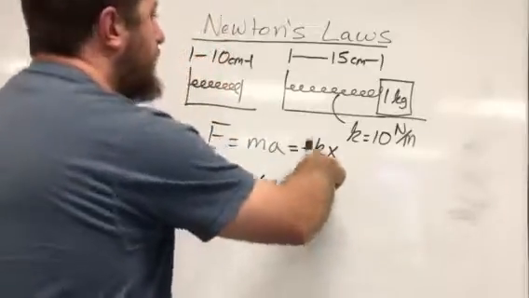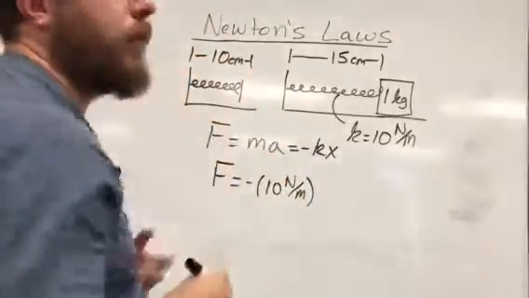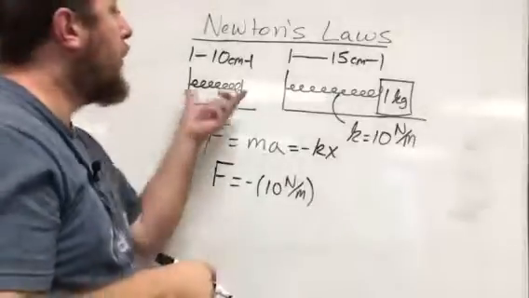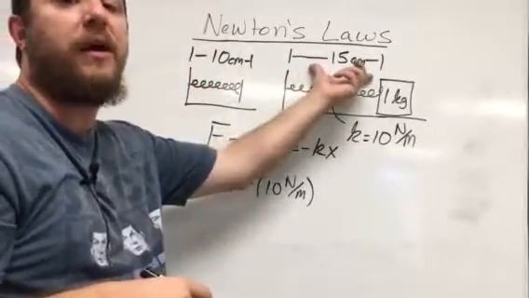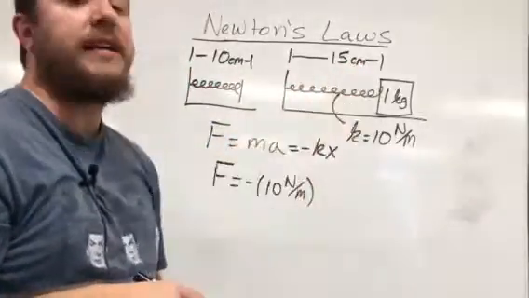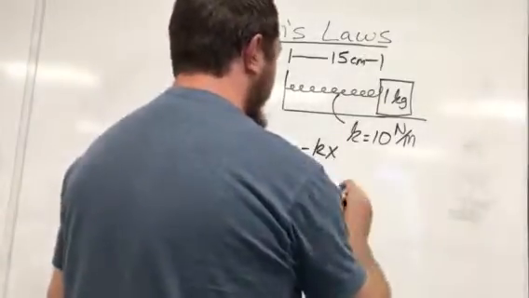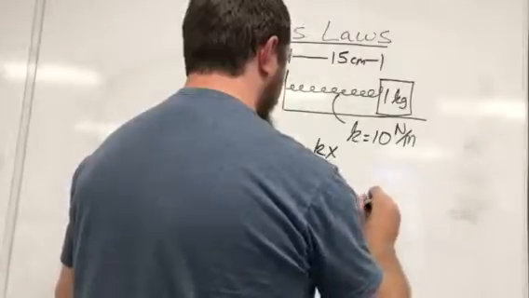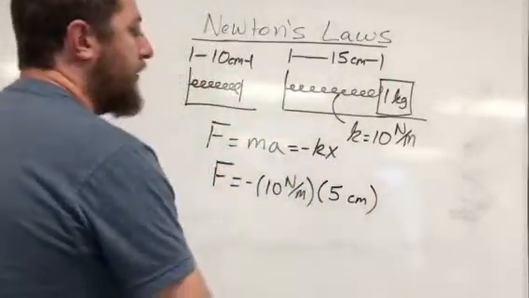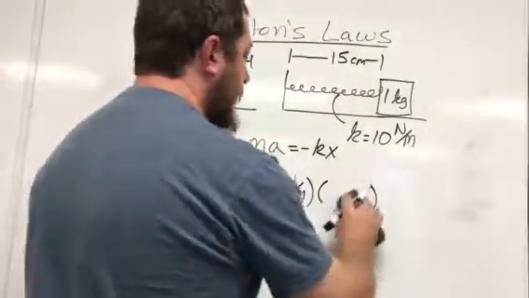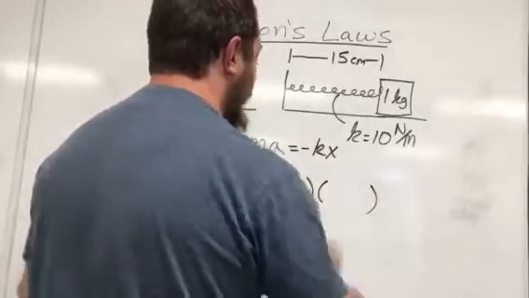And how far did I stretch it? Well, its unstretched length, what we call the equilibrium length, was 10 centimeters, and I stretched it until it's 15 centimeters long. That means I've stretched it a total distance of 5 centimeters. If I want to convert that into meters, that's going to be 0.05 meters.